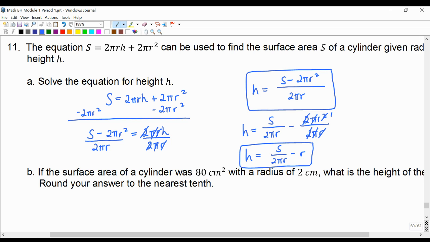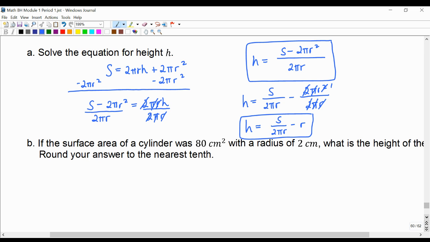All right, so there's two answers that we could get for h. Both are equally as good, just whatever one you chose to have. If you chose to have this one, you could have stopped there. If you did the problem different and you got this, then that kind of tells you that you did it correct. And then we're going to plug in some numbers.